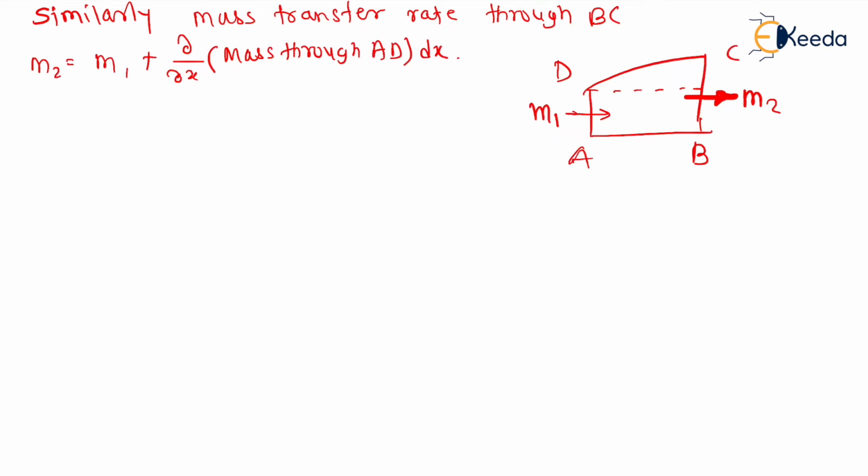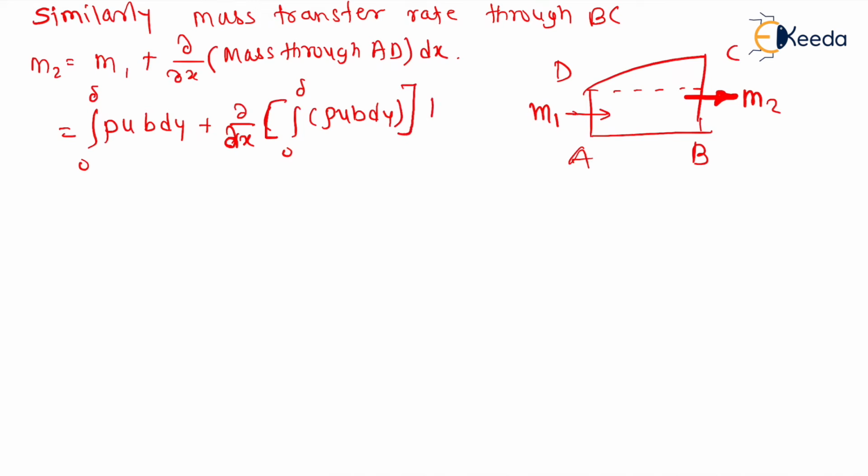So I can write in the equation form as integral 0 to del rho u b dy plus delta by delta x, in square bracket, again integral 0 to del rho u b dy, outside the square bracket dx.